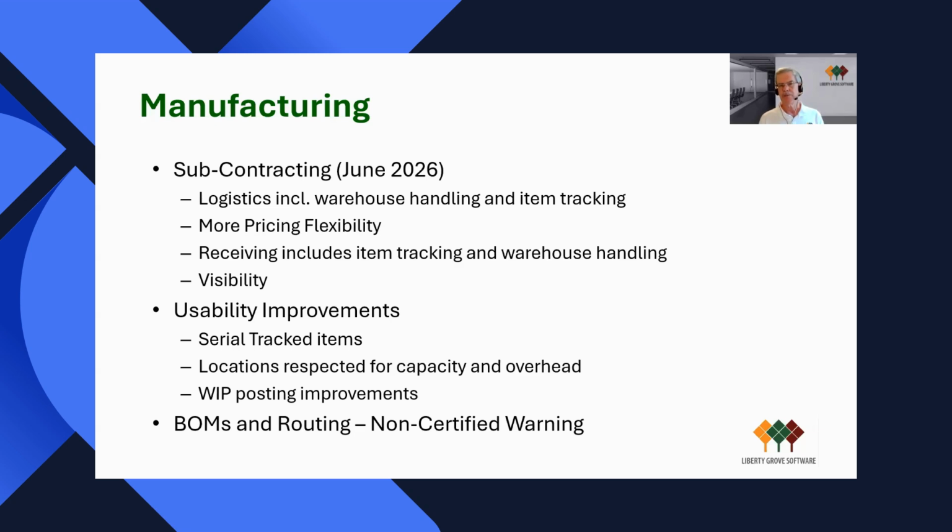Also, traditionally with pricing, you would go in and at the routing line level, you would specify, I need to go out and get something plated, and it's going to cost me 10 cents a part. So that would be right in the routing line.